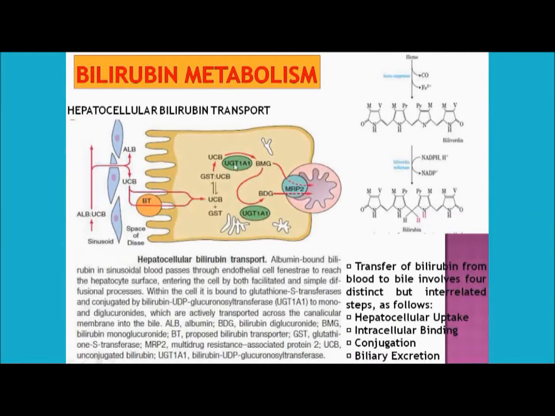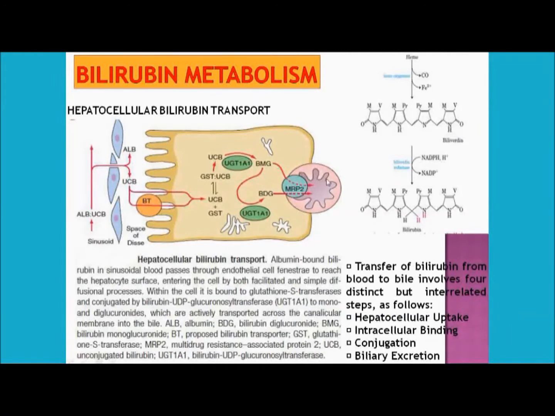This is the conversion, which is actively transported across the canalicular membrane into the bile. Here I have given the abbreviations. ALB stands for albumin, BDG stands for bilirubin diglucuronide, BMG is bilirubin monoglucuronide.